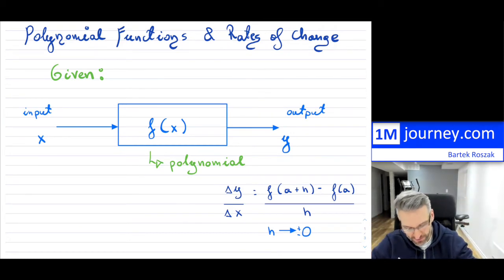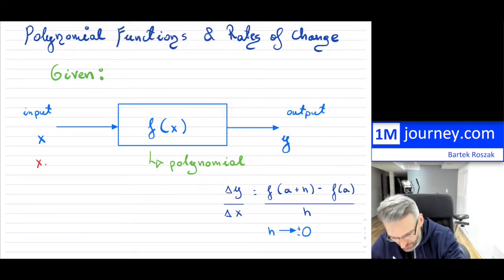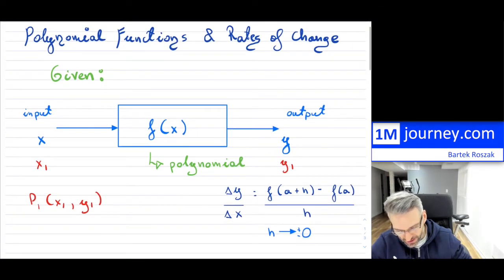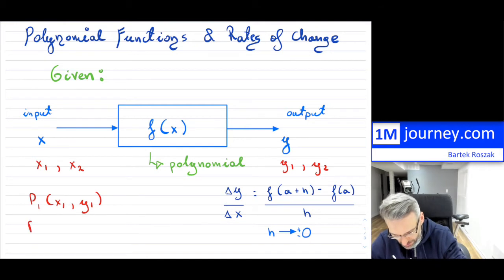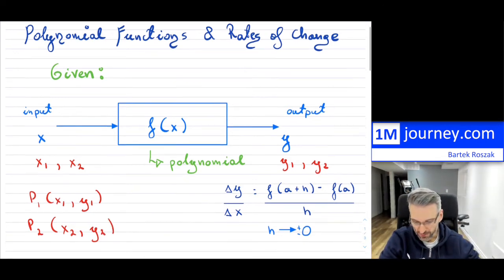So if you have one input, you get an output: point 1 is x1 with the output y1, one ordered pair. Then we put in another, which creates our second output: point 2 is x2 with corresponding output y2. So we have P1 and then P2.